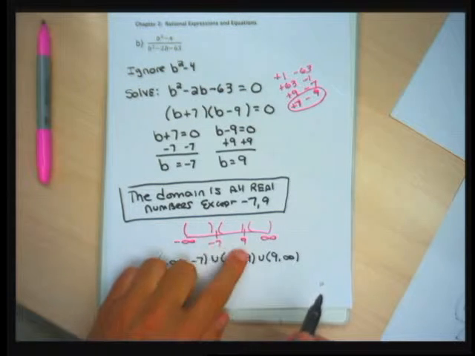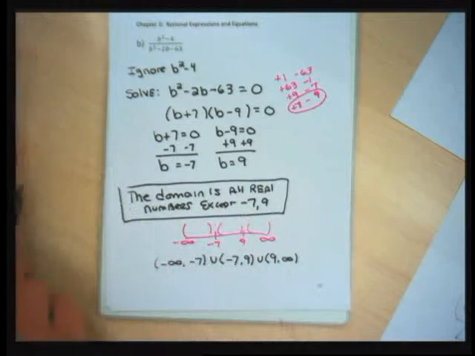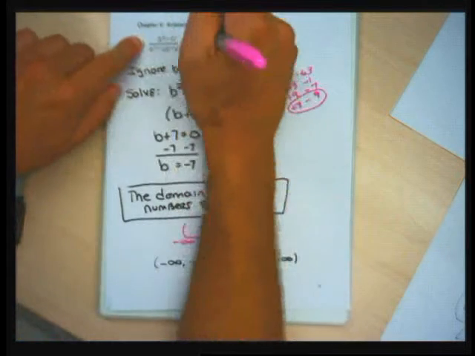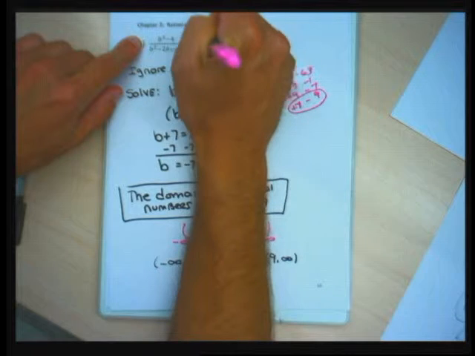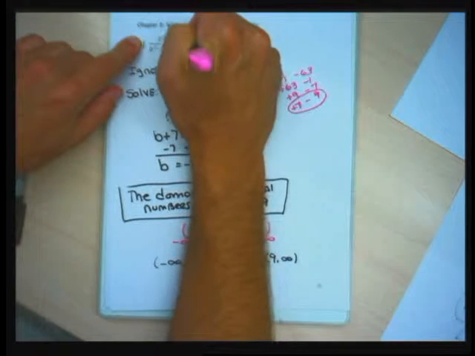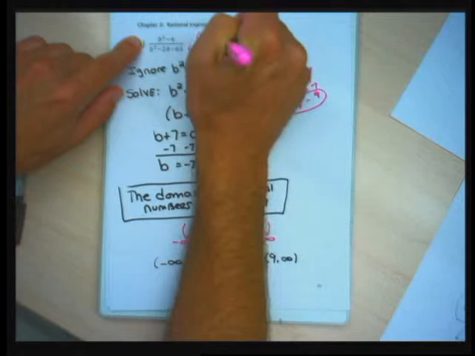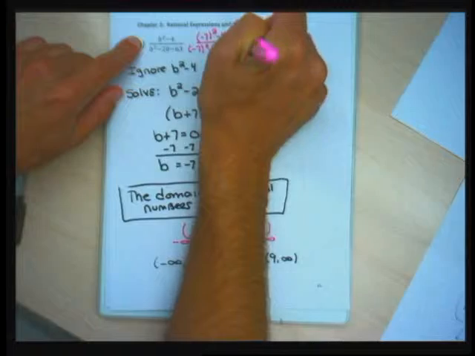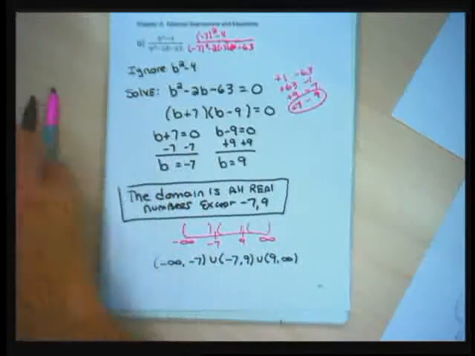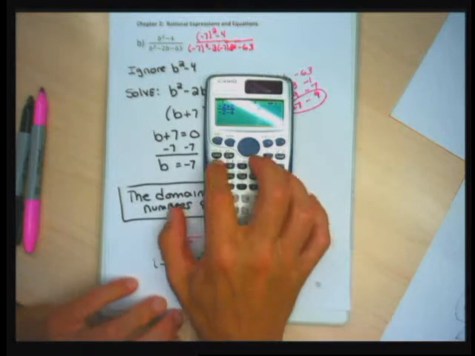I should make sure that both these numbers, negative 7 and positive 9, are correct numbers to have in my answer. To do that, I'll plug negative 7 in for the b. I'll go negative 7 squared minus 4 over negative 7 squared minus 2 times negative 7 minus 63. Don't want to do that by hand, so on my calculator, it better give me some sort of error message when I do this.